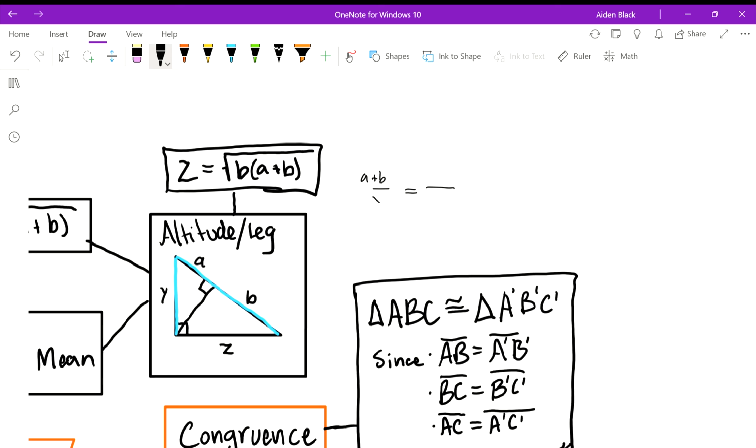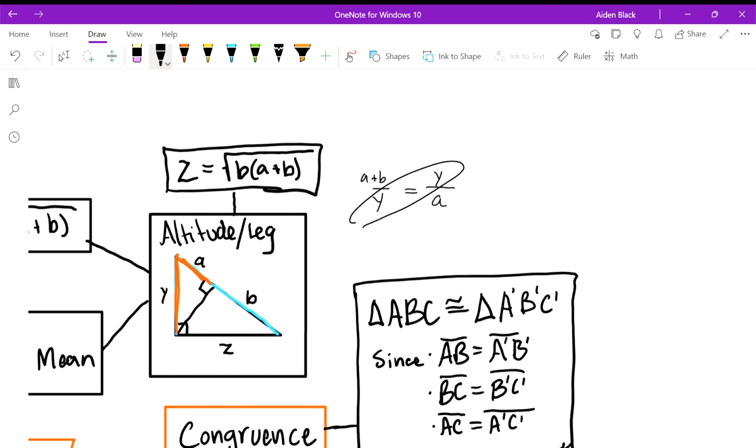So we'll say that is to y as, back to the big triangle, if we take the smallest length of the big triangle, which is y, and compare it to the smallest side of the smallest triangle, which is a. So we get a plus b is to y as y is to a.